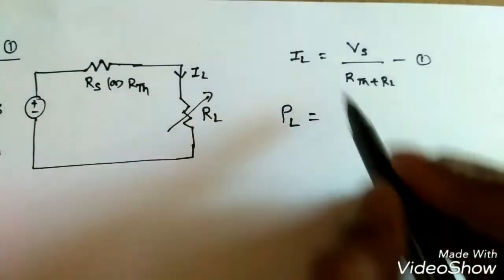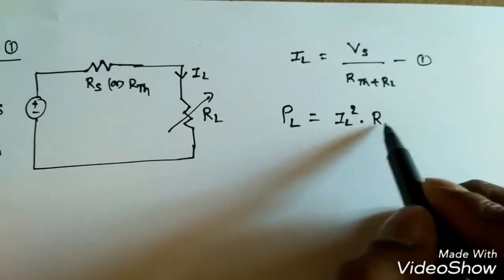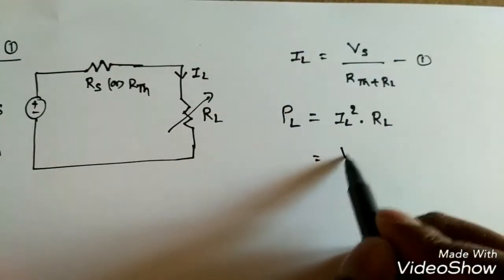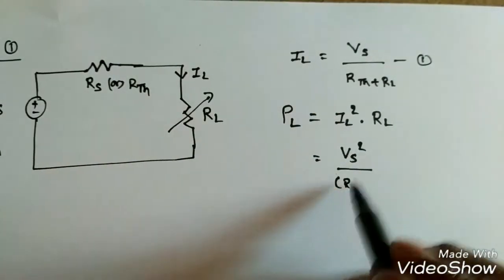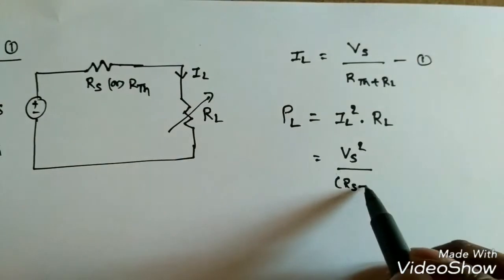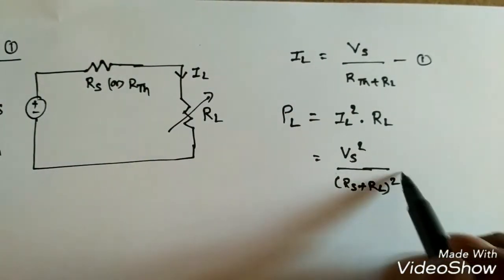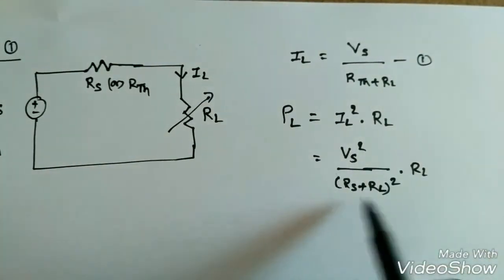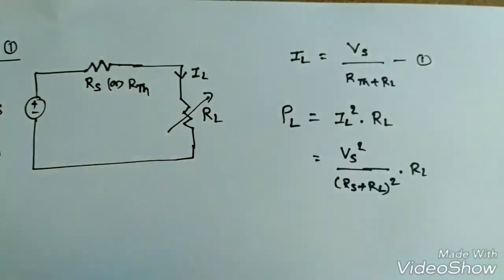If I know the current, I can easily find the power: IL squared into RL. So PL = VS squared by (RS plus RL) whole squared, into RL, because IL squared is VS squared by (RS plus RL) whole squared. I can replace RTH by RS also, no problem.